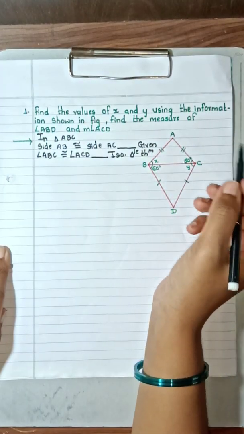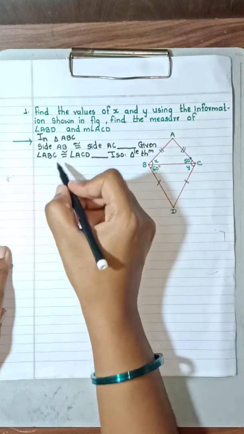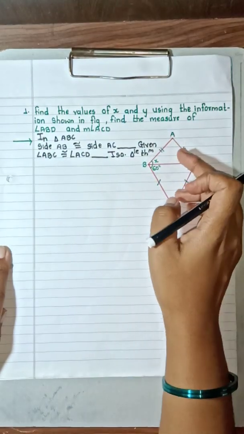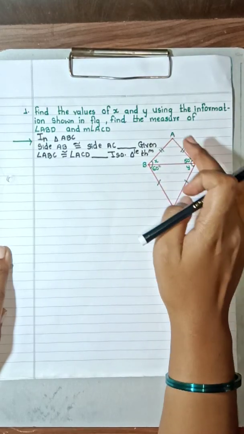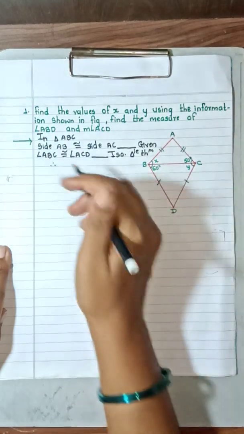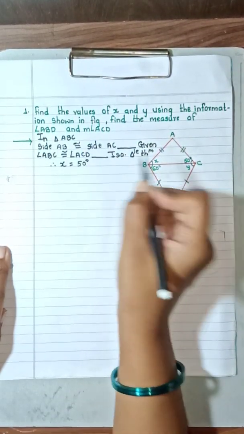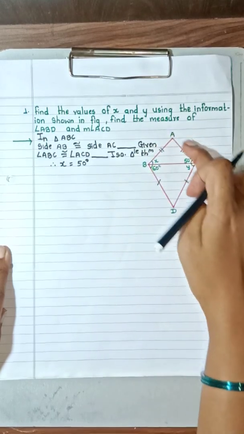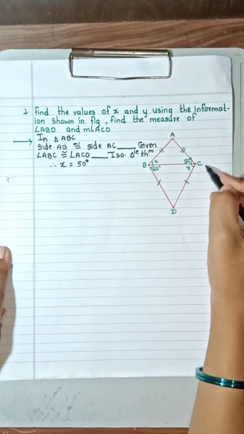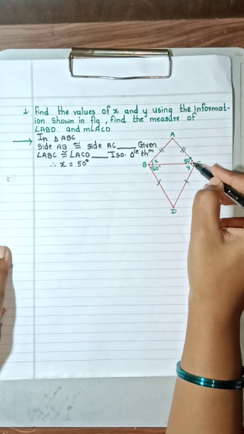Then as angle ABC is equal to angle ACB, therefore you can write down the measurement of angle x is equal to 50 degrees. Therefore, the measurement of x will be 50 degrees.